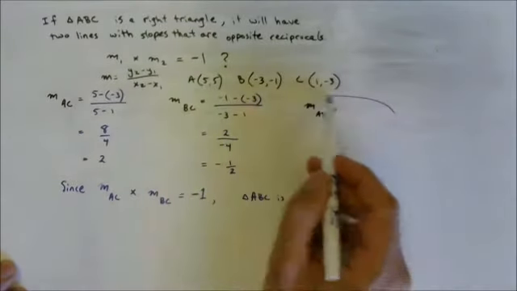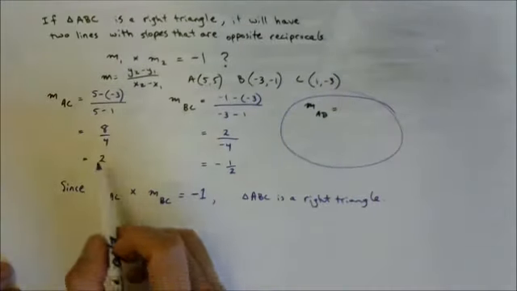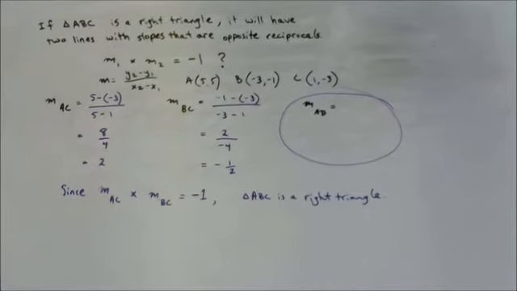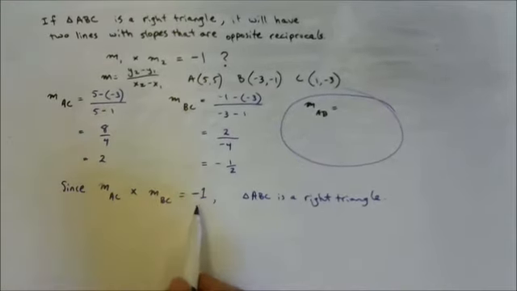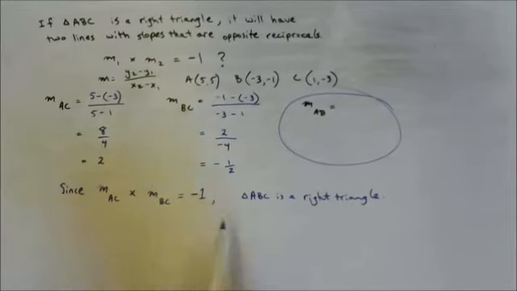We didn't even need the slope of AB because we found two slopes that are opposite reciprocals, and when we multiply them together we get a product of -1. Therefore, that makes a right angle.